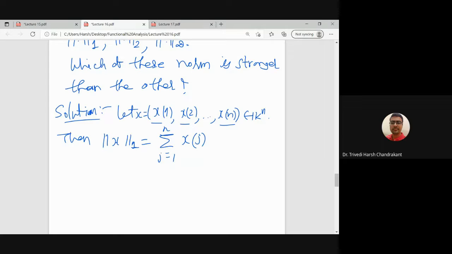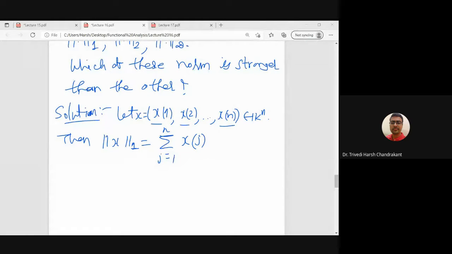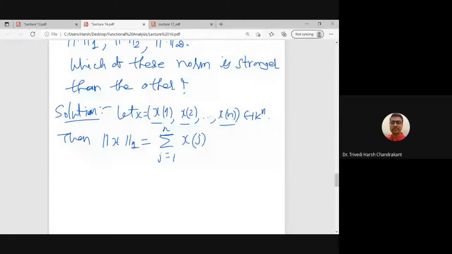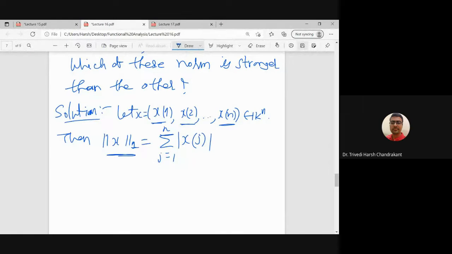It can never be infinite. And second thing is we are taking a norm. So a norm cannot be negative. This number can be negative, so therefore we need to take the modulus. So this is the first norm.